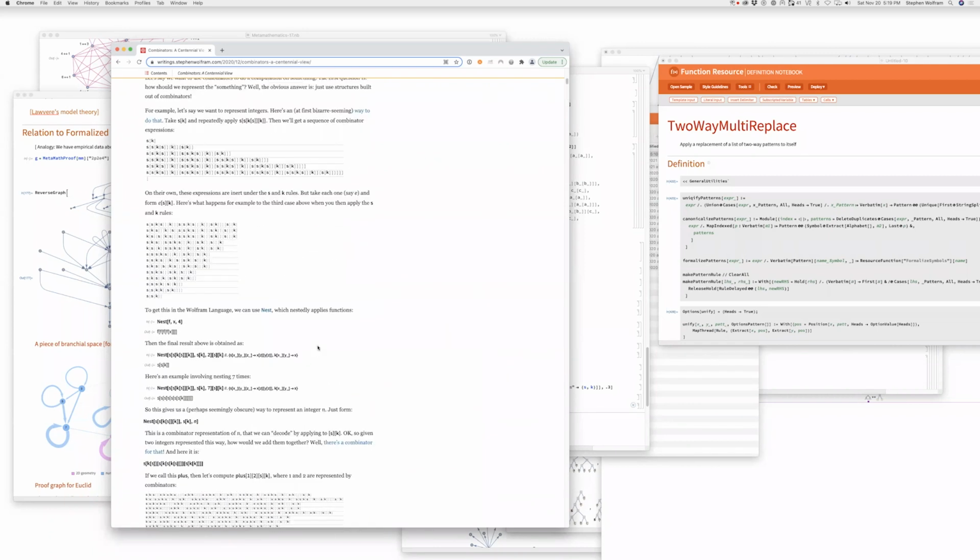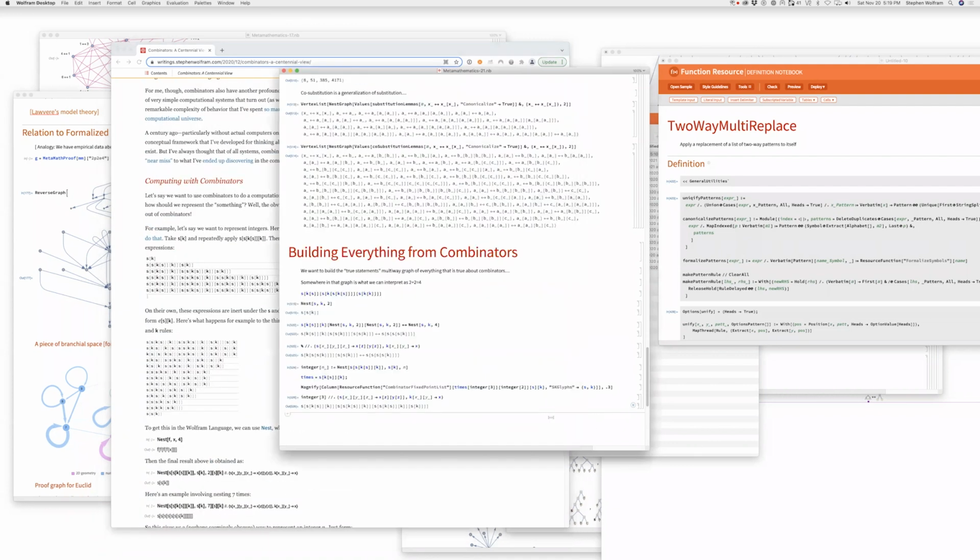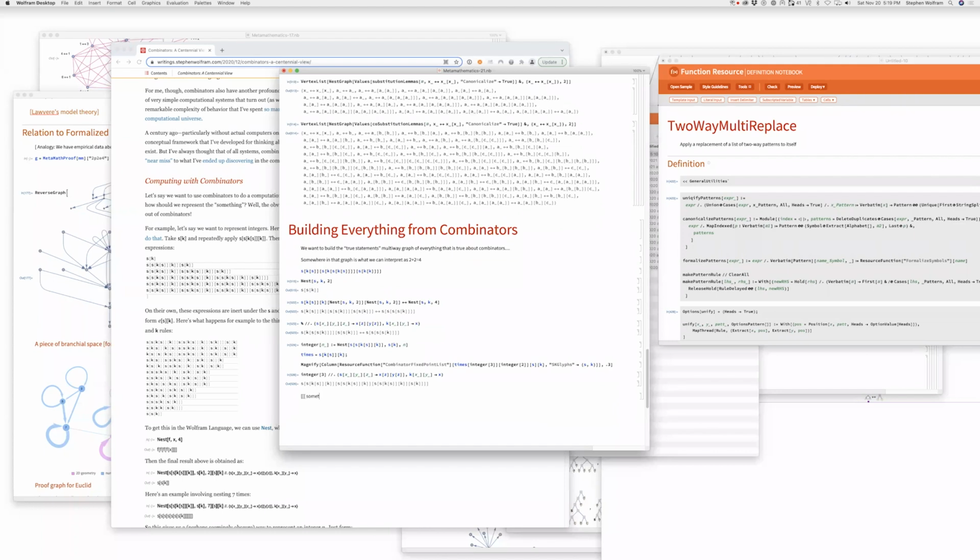Okay, but I'm just trying to understand qualitatively what's going to happen here. So what's going to happen is we're going to start purely with the combinator relations. Okay, workflow.